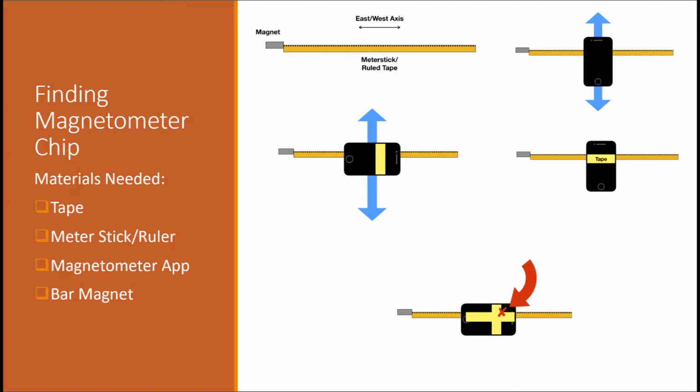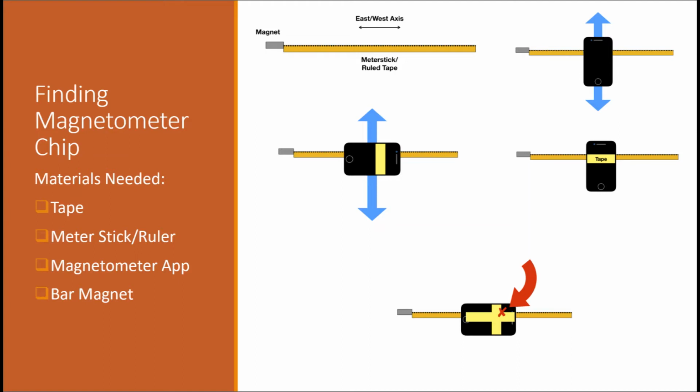Then you're going to put your phone close to that bar magnet on the meter stick and move it up and down. As you move it up and down, you're going to be looking for the max Y value. When you get that max Y value, that is going to be where the magnetometer chip is. So you're going to put the tape along that line.